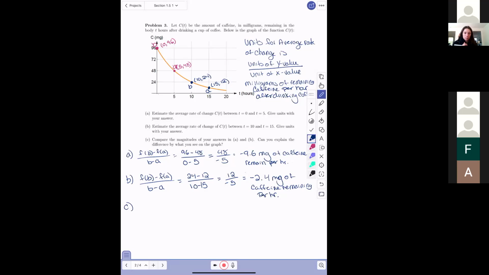So it's pretty much what I explained before, but the magnitude of the value in A is larger because the graph is steeper. It is decreasing at a faster rate.